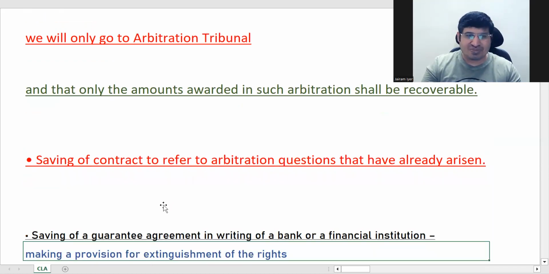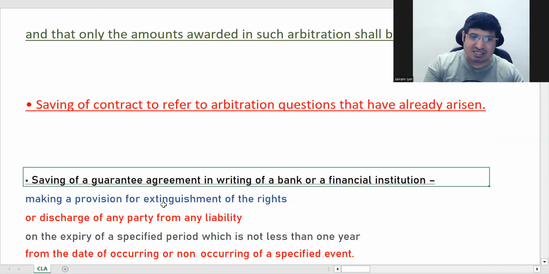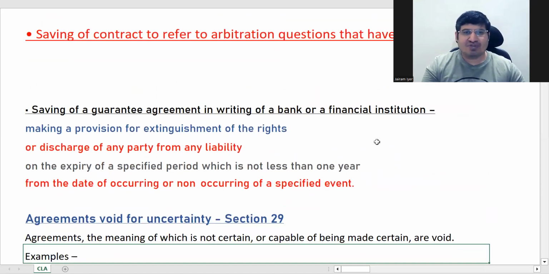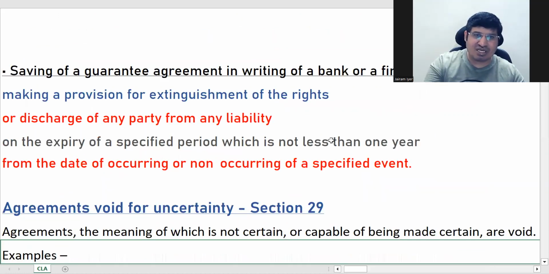That is okay. Next is saving of a guarantee agreement in writing of a bank or financial institution.